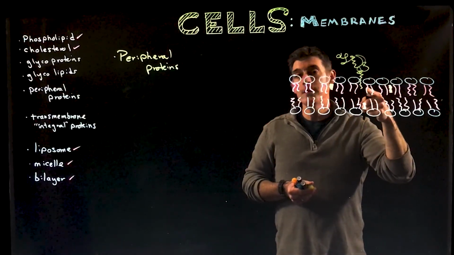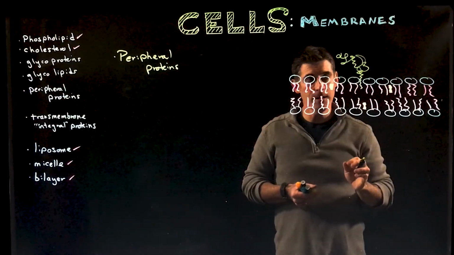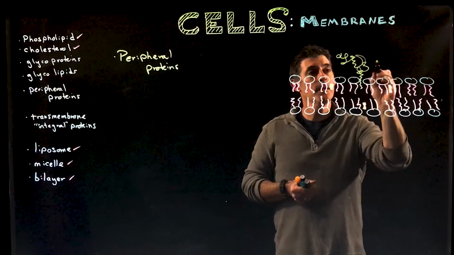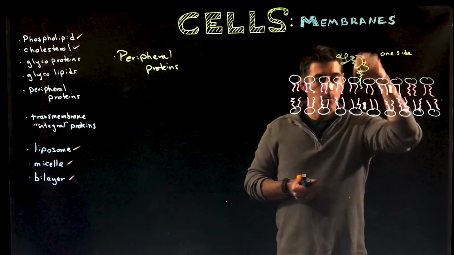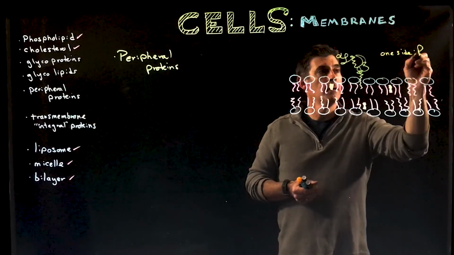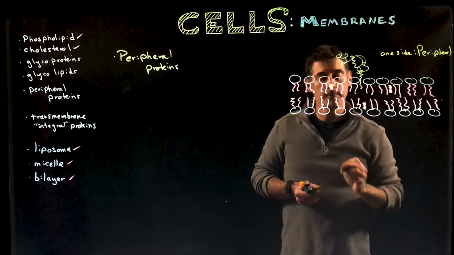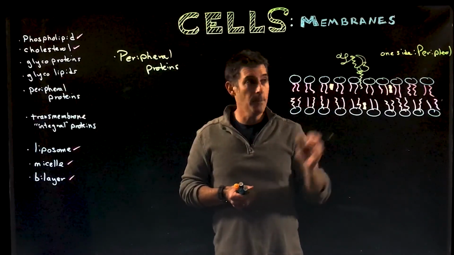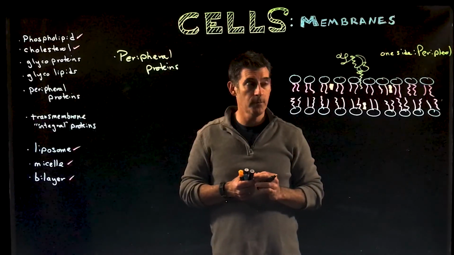Now the peripheral proteins can be attached sometimes to the lipids. They could be stuck here within the membrane, but they're typically only on one side. They don't go all the way through. We'll get into the jobs of many of the peripheral proteins, some even specific names of some peripheral proteins.